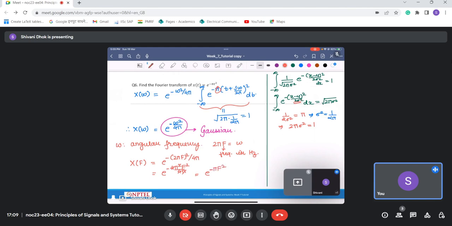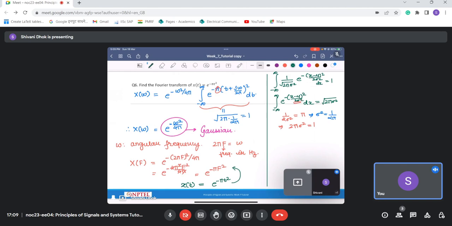Now just look at this function that we had. This x of t that we had was basically e power minus pi t square, and its Fourier transform, if I consider the hertz frequency, is e power minus pi f square, which is exactly the same function. So this is an important property of the Gaussian function, that its Fourier transform is again Gaussian.